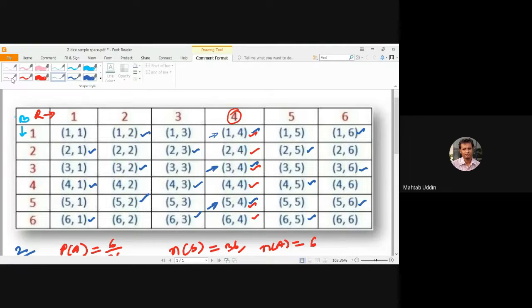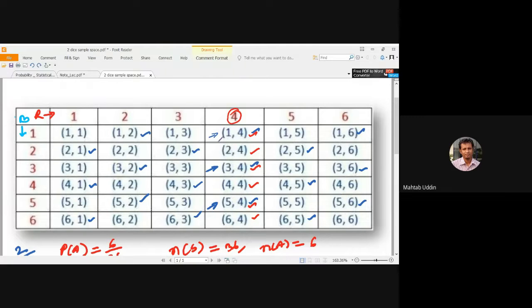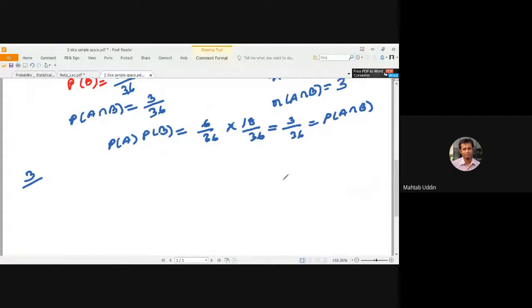So I am taking 5 on the red die. These are the 5 on the red die. How many elements here? 6. So n of C equals 6. Probability of C is 6 by 36.